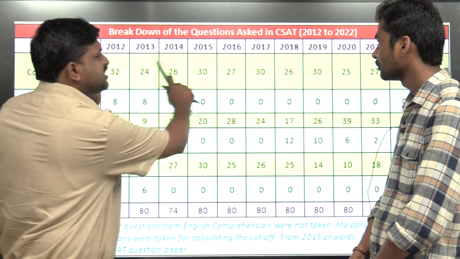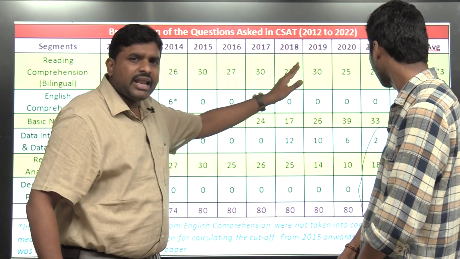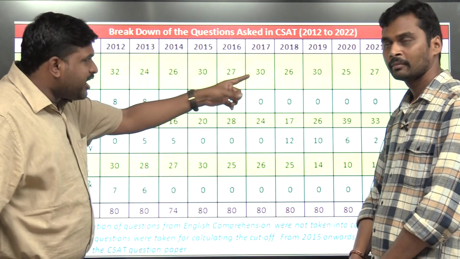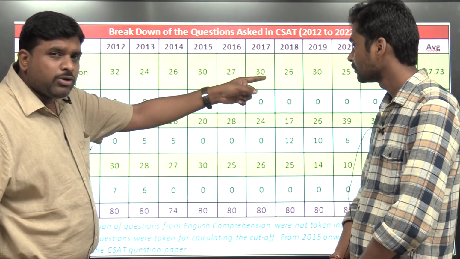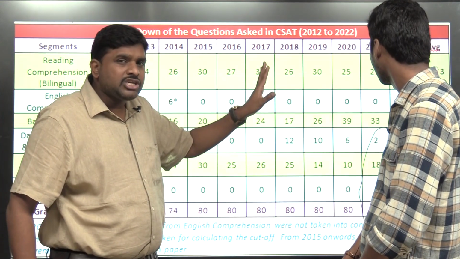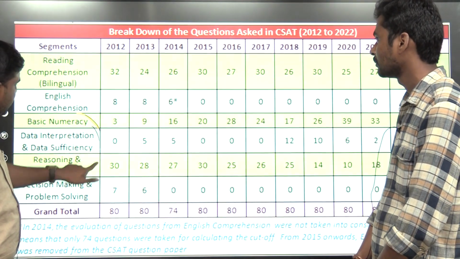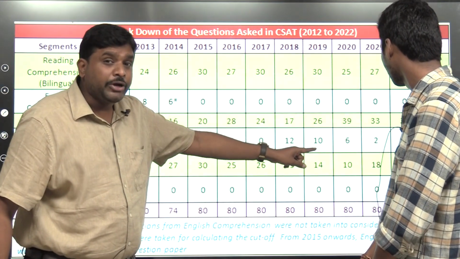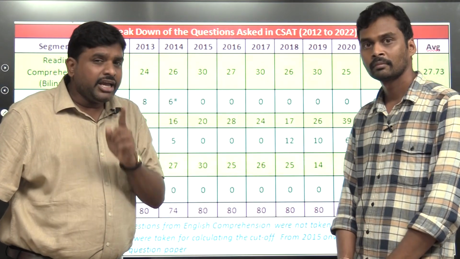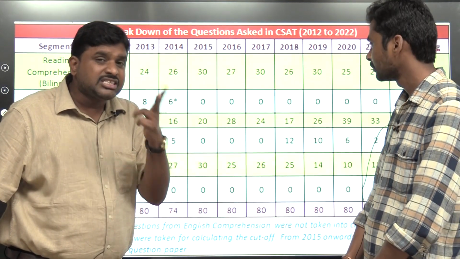Comprehension passages are static: 32, 24, 26, 30, 27, 30, 30 like that. So on average, out of 80 questions, 27 to 28 questions are from comprehension passages, whereas basic numeracy, data interpretation, reasoning and ability together have up to 52 questions. So out of 80, 52 questions are from basic numeracy, data interpretation as well as reasoning.